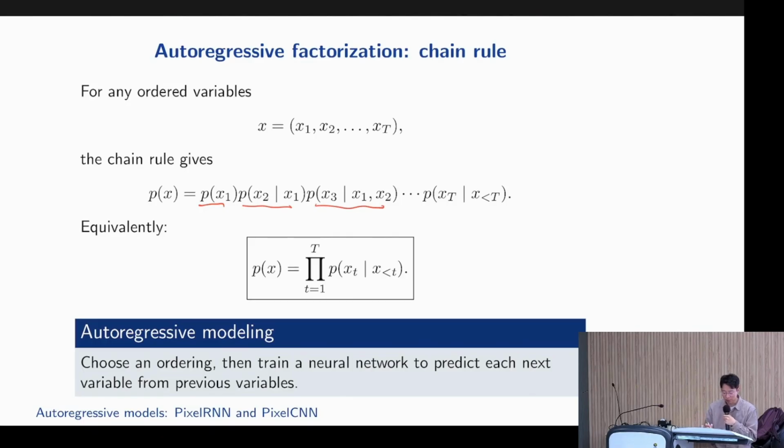So we can compactly write it in this notation. It's basically the product of p of xt given all its past, right? This holds no matter what. This is just probability. So here the idea is to choose an ordering and train a neural network to predict the next variable given all the previous variables. Okay, so we're going to just parameterize this guy.